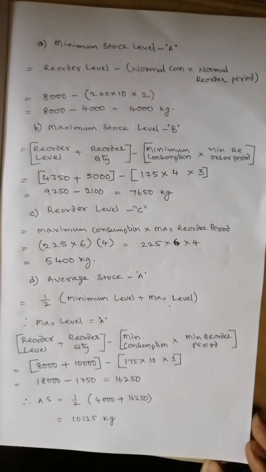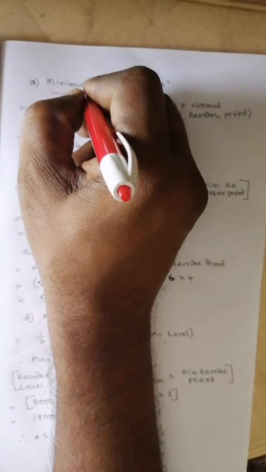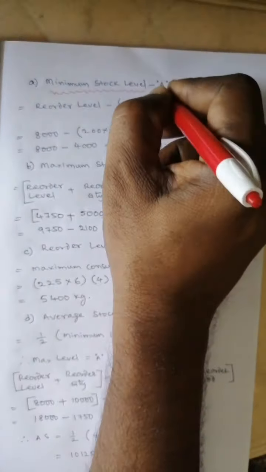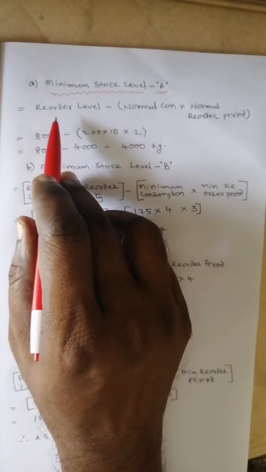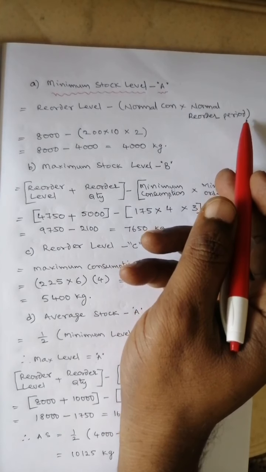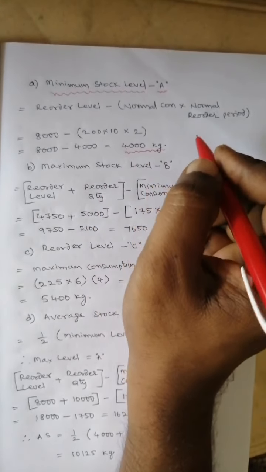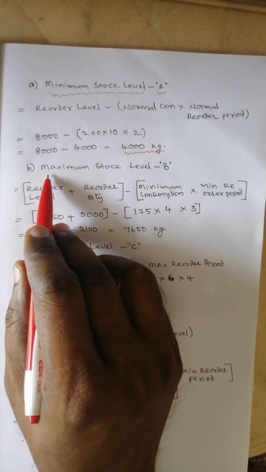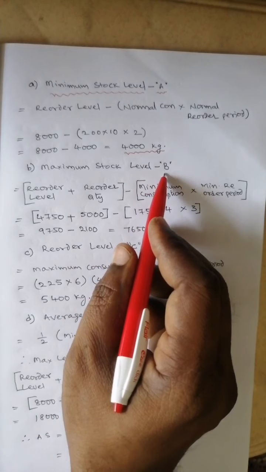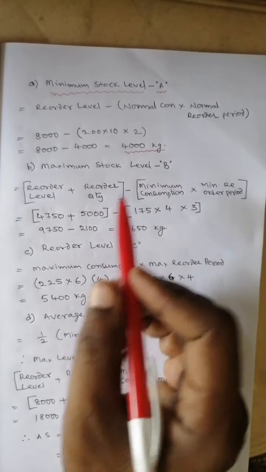So the data given is much, but it asks for different levels of stock for different materials. Let us go through once again. This is the minimum stock level of A. The formula used is reorder level minus normal consumption into normal reorder period. So the value is 4,000 kg. Second is the maximum stock level of material B. So in the table we refer only to B values.